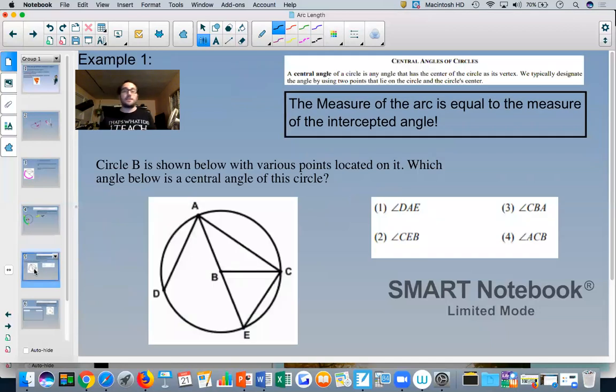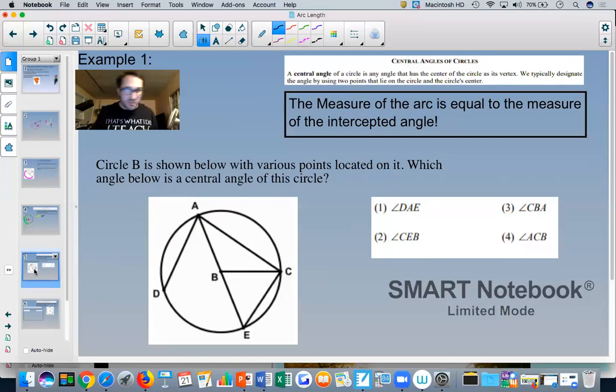This first example is us figuring out how to identify what a central angle is. I left the important information up on top, and let me read the question for us. Circle B is shown below with various points located on it. We have D, A, C, E, and the center of our circle is B. Which angle below is a central angle of the circle?